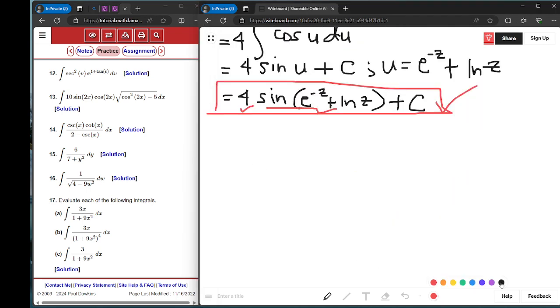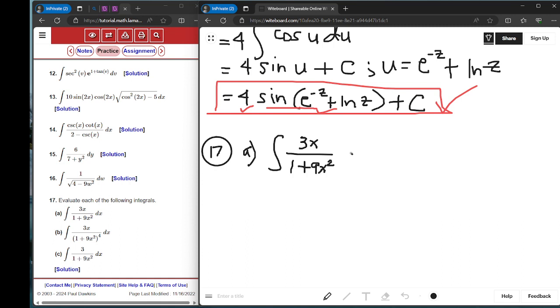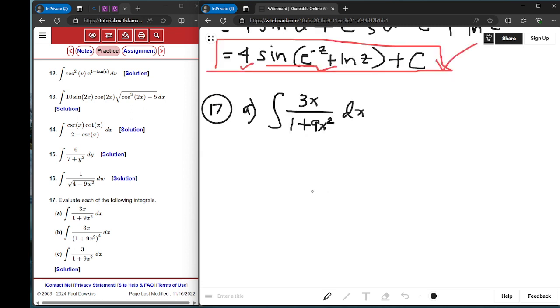So let's solve number 17, letter A. That's the integral of 3x over 1 plus 9x squared, then you have here dx.